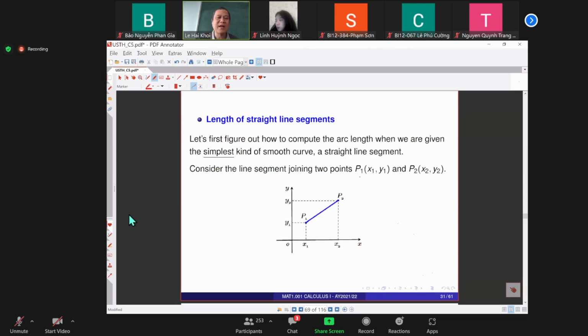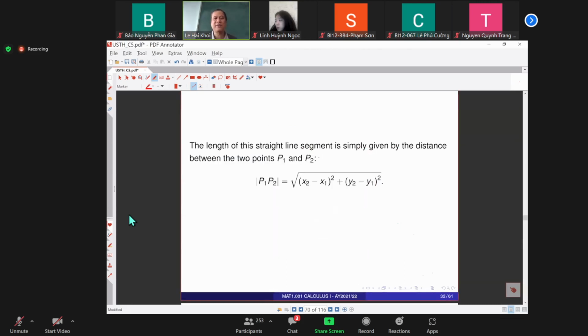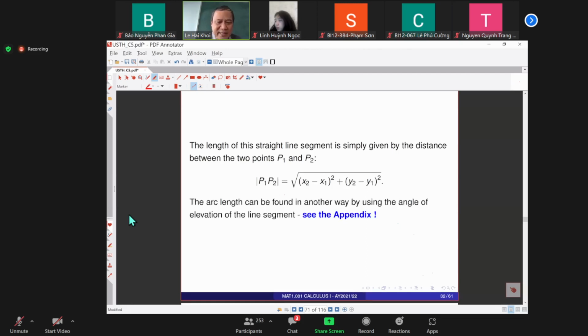The simplest kind of smooth curve is a straight line. Okay? So here is the formula. No problem with that. But this can be found in another way, using the angle of elevation.